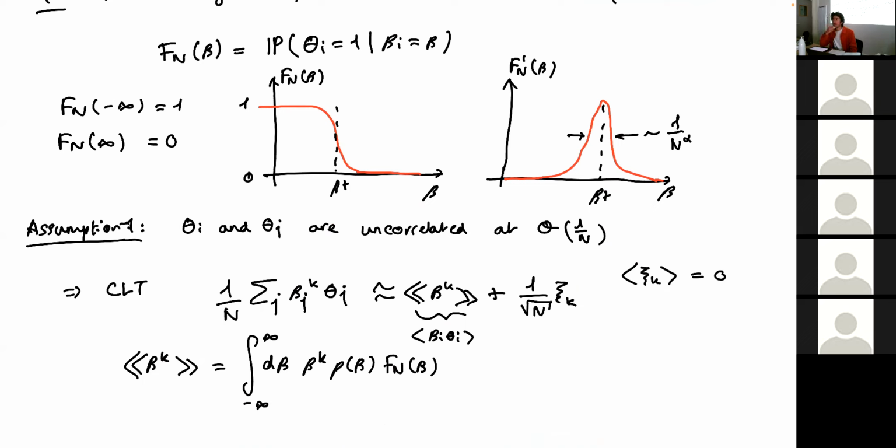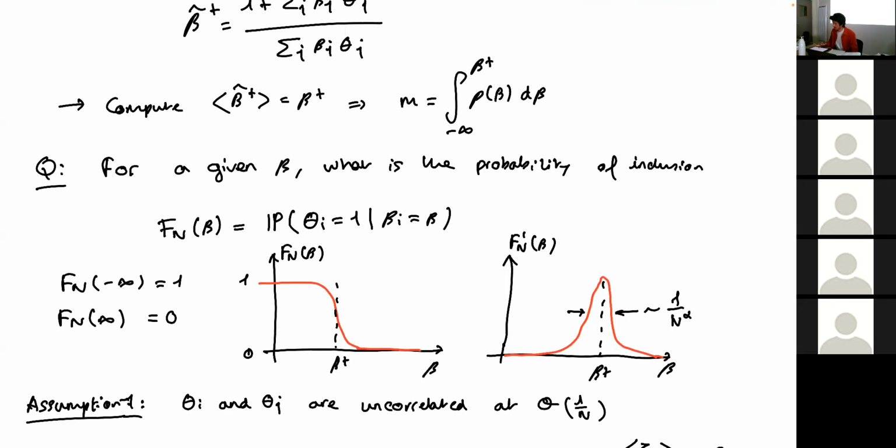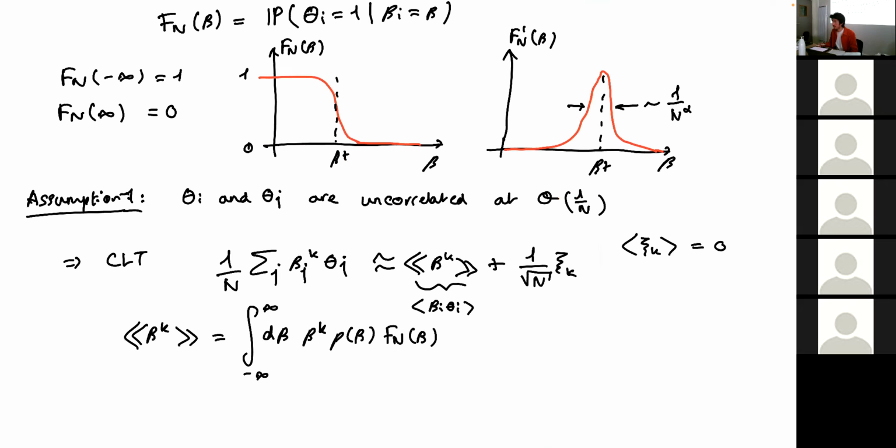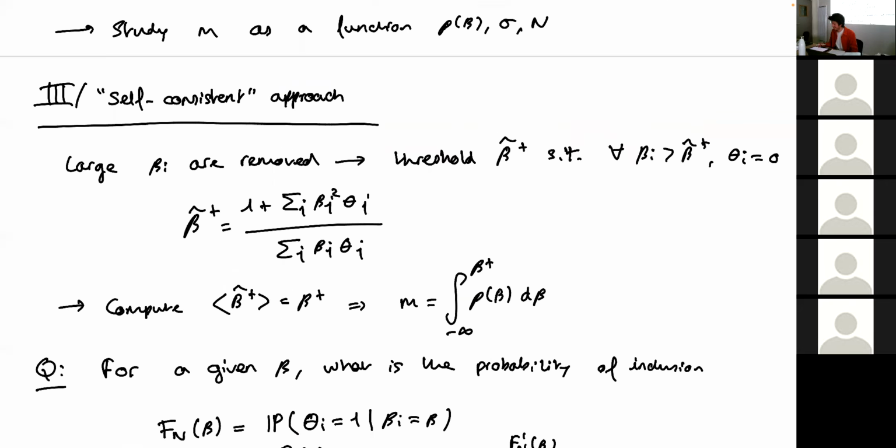The fact that the mean beta threshold is a good estimator, which essentially means that you assume that the distribution of your beta plus over the sampling is nice. So it's not the distribution of beta, it's the distribution of the beta plus tilde.